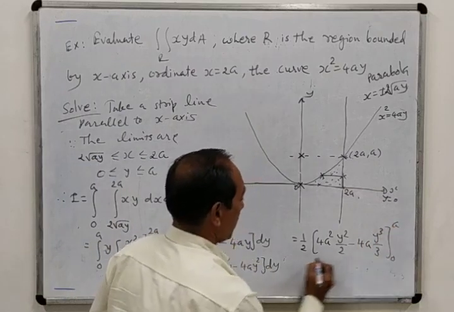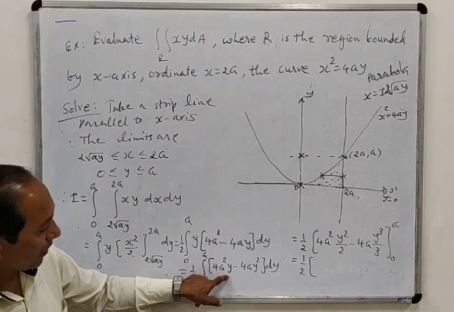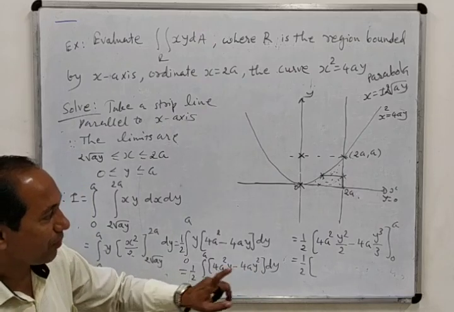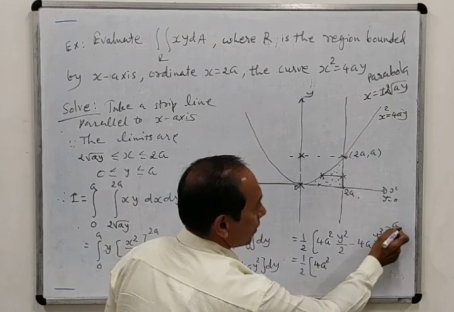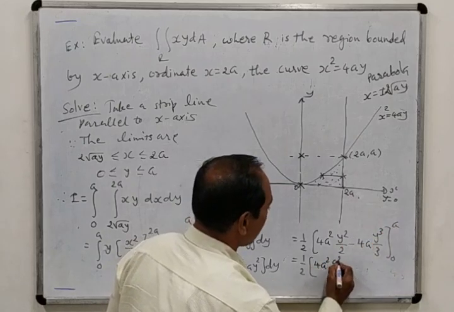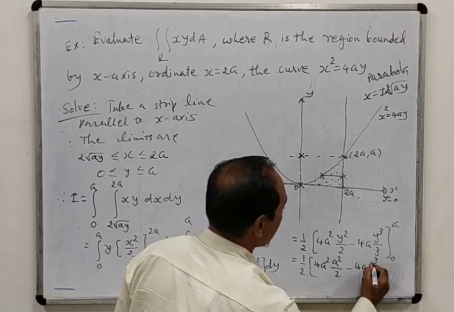So now we will put y equal to a, upper limit: a square by 2 minus 4a, this is a cube by 3.